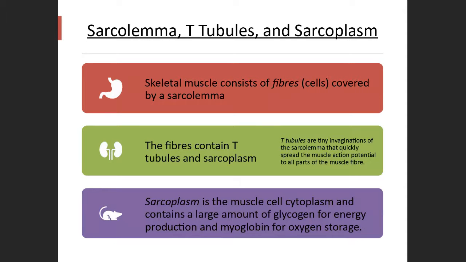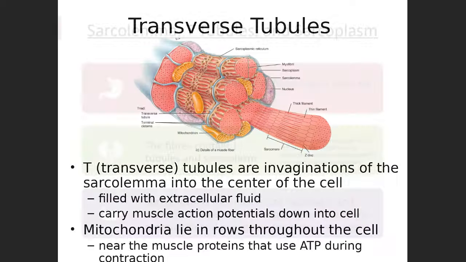So sarcoplasm in the muscle cell is like cytoplasm, and it contains a large amount of glycogen, which will be used almost like sugar for energy production, and then the myoglobin is for oxygen storage. Okay, so we've got sugar and we've got oxygen, all the nutrients that the muscle needs stored within the muscle itself.